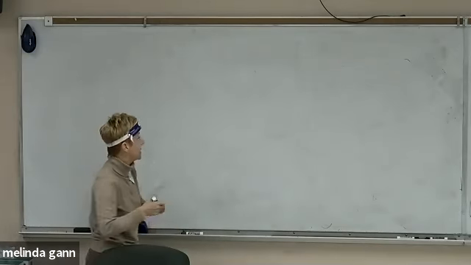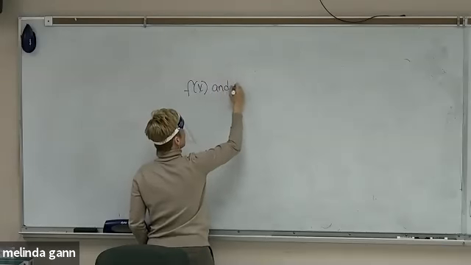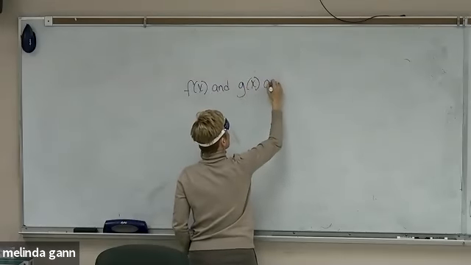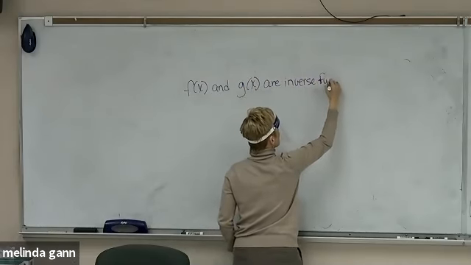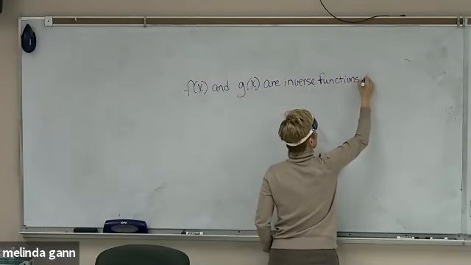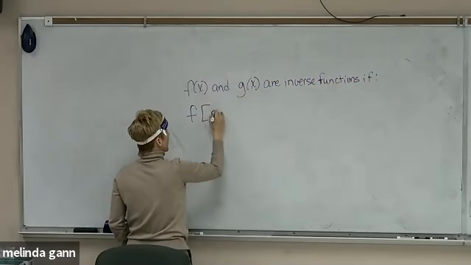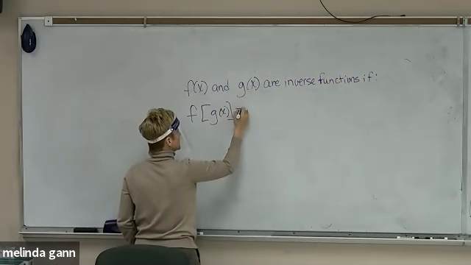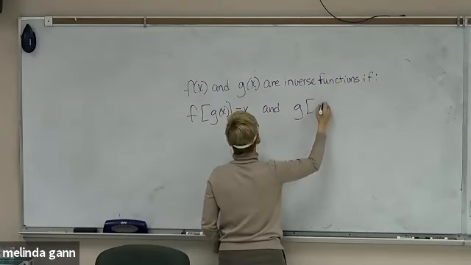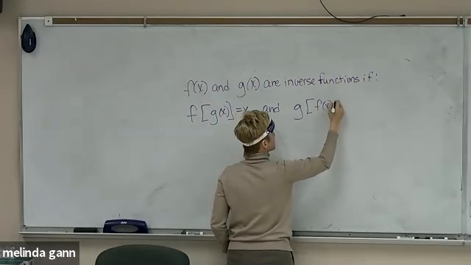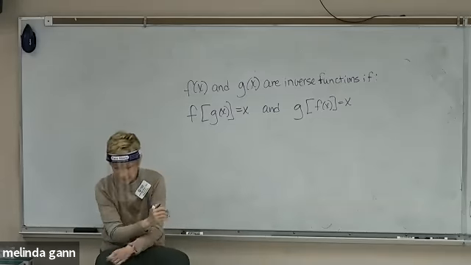Here's basically what it says. f of x and g of x are inverse functions if f composed with g of x equals x and g composed with f of x equals x. Now you write that down and I'll show you what I mean.